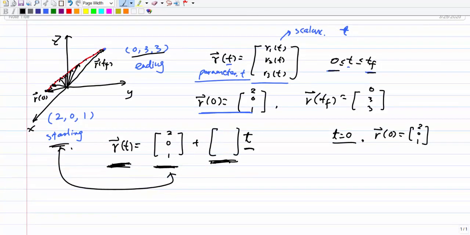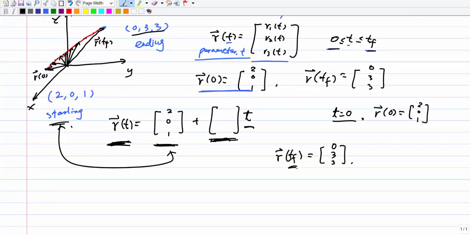Then I come to the second question: I want r(tf) to be equal to (0, 3, 3). Of course I can select tf freely. Let's say we let tf be 1 and see if that's feasible.